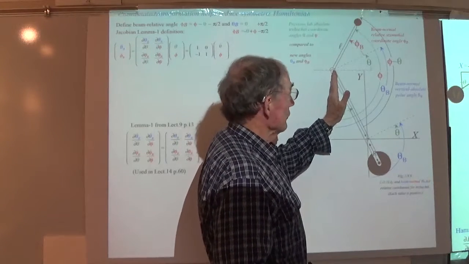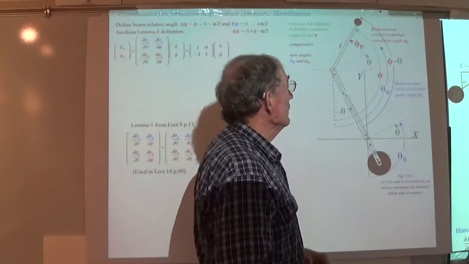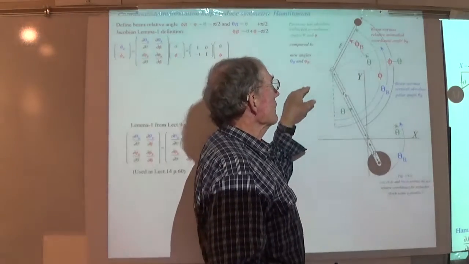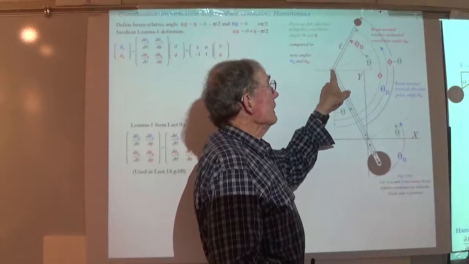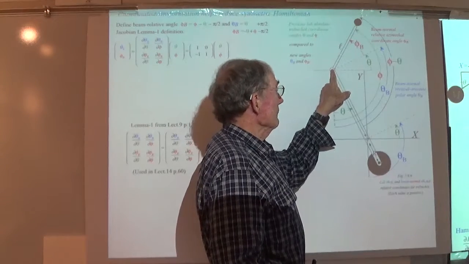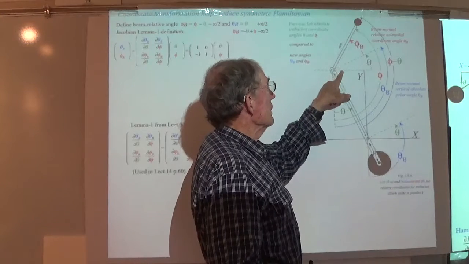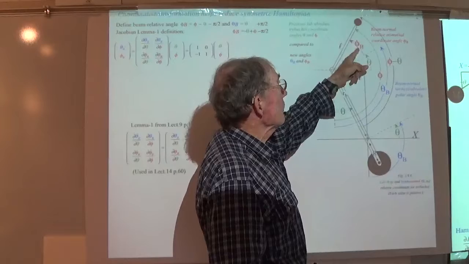I'm going to be interested in an angle phi beam, phi relative to the normal coming out of the axis of the projectile for the beam. So this is a right angle right here, this dotted line with the beam radius. Okay, so that's our new coordinate.